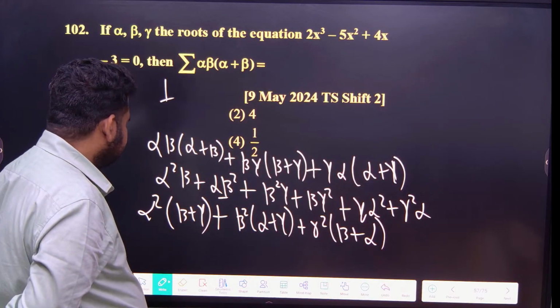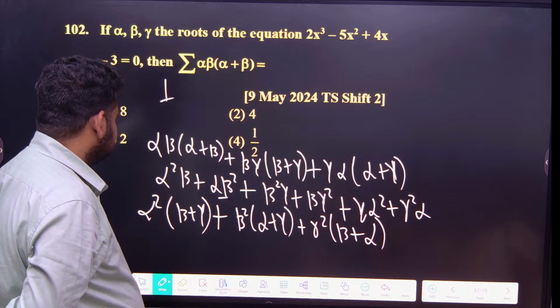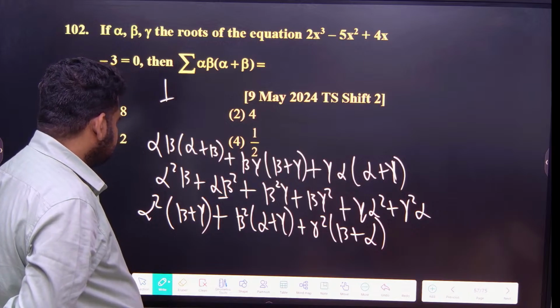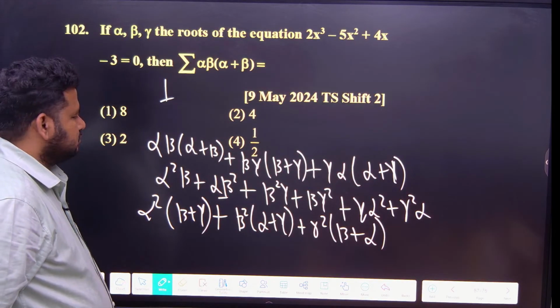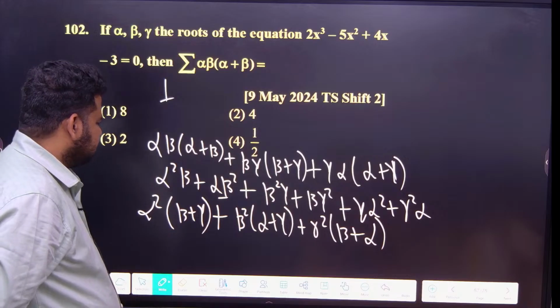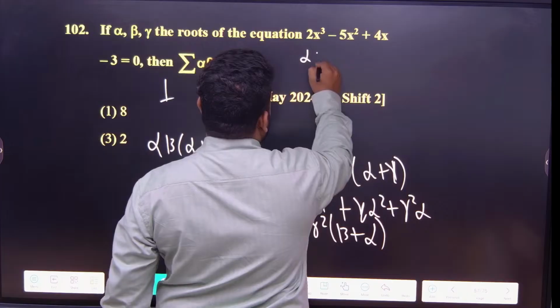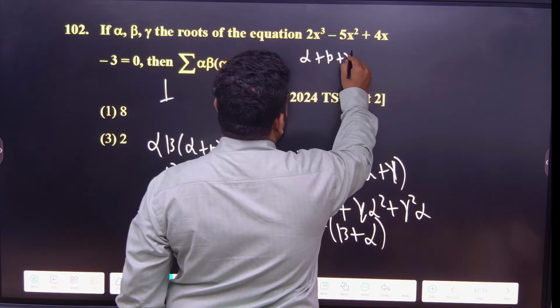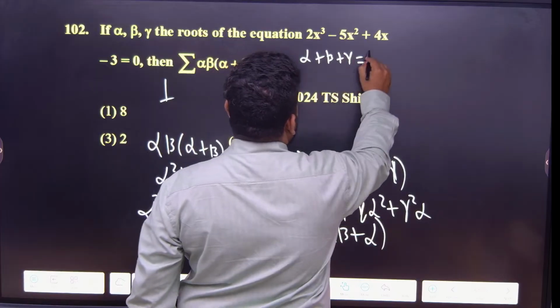Now this is what we got. Further what we can do? For this, find out alpha plus beta plus gamma, plus delta is what? Now delta is not there. Correct na? See, sum of the roots, alpha plus beta plus gamma. Correct na? Alpha plus beta plus gamma is what? 5 by 2.